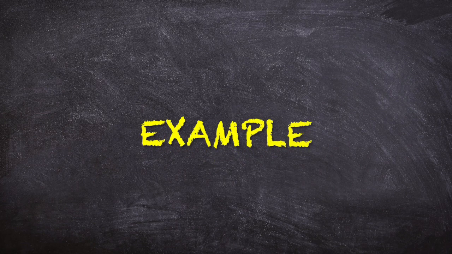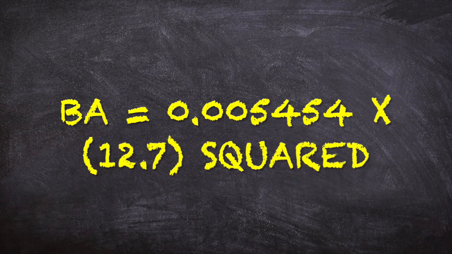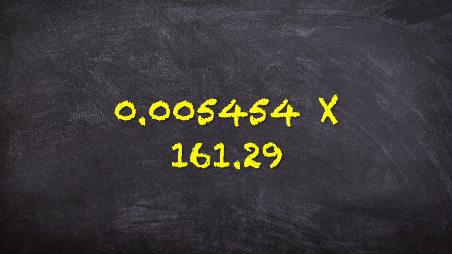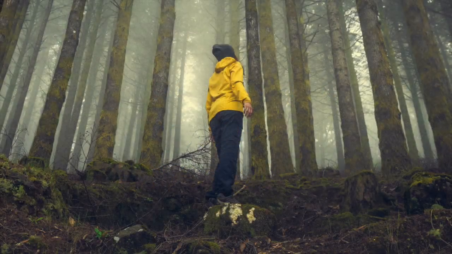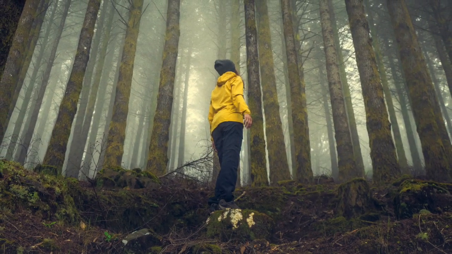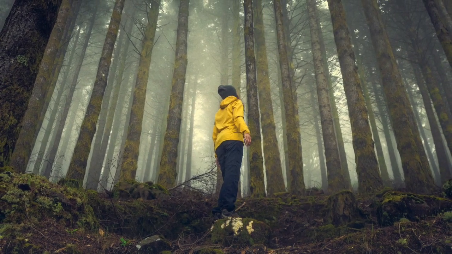The tree in the earlier example has a DBH of 12.7 inches. Its basal area would be 0.005454 times 12.7 squared, or 0.005454 times 161.29, which equals 0.8797 square feet.